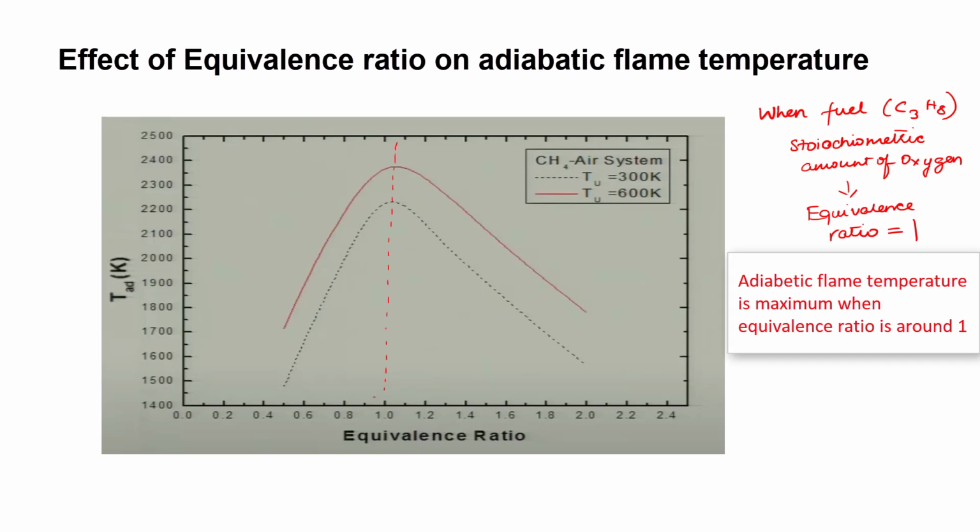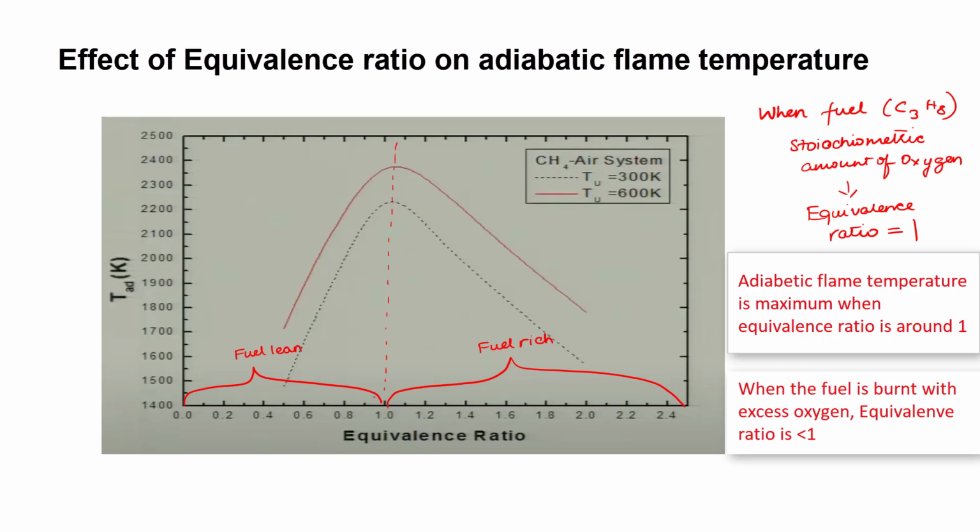From this graph we can see that the adiabatic flame temperature will be maximum when the equivalence ratio is 1. When the equivalence ratio is less than 1, that is this region, the air will be higher than that of fuel, that is this region will be the fuel lean region. And when the equivalence ratio is higher than 1, that is this region, the fuel will be in excess.